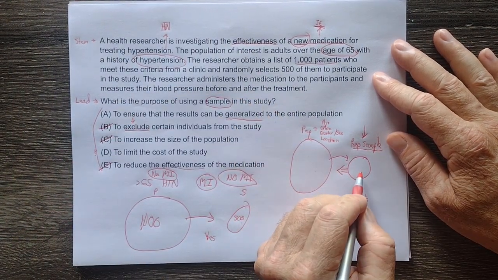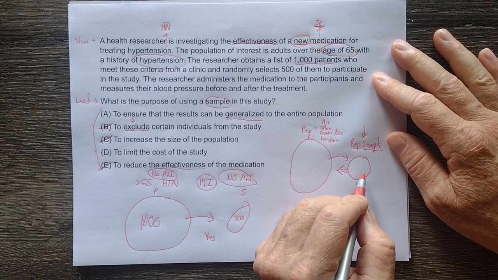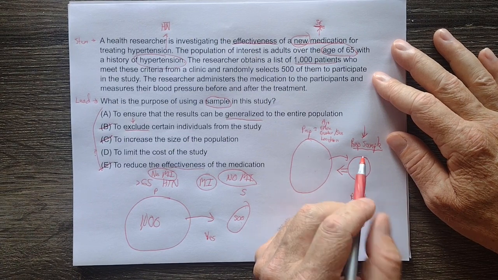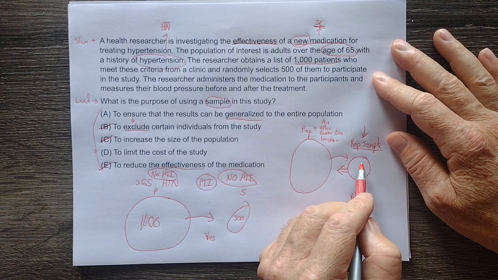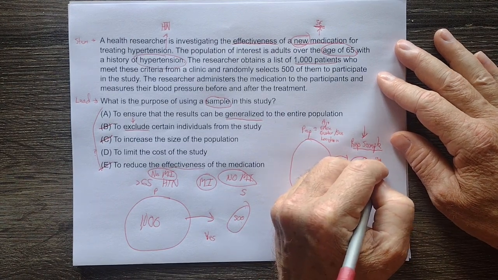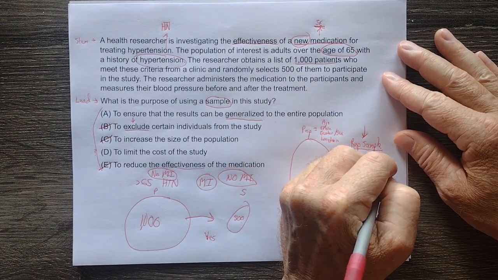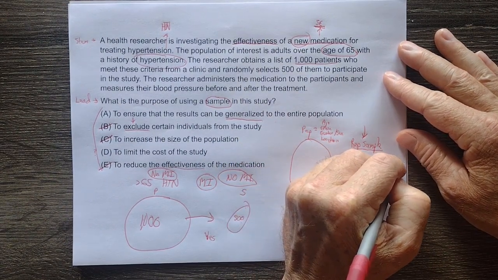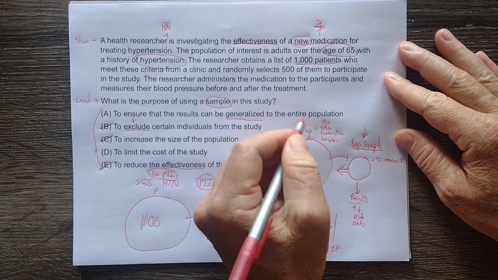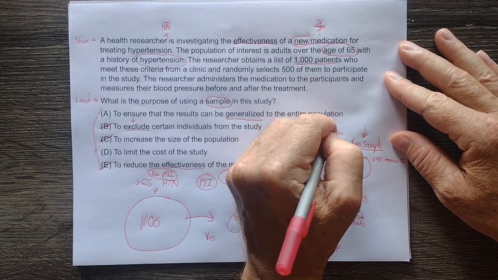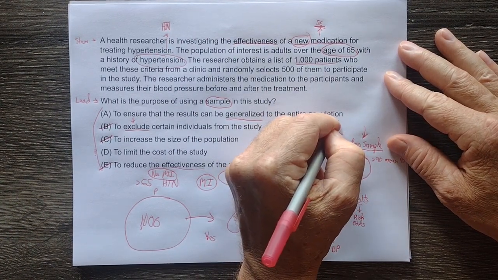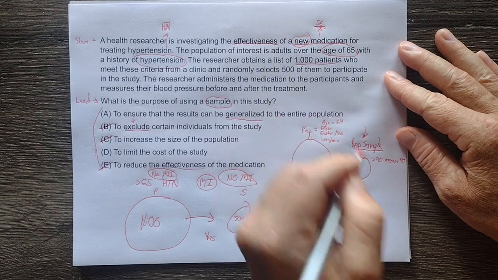If we took a sample, and what if the age was higher? So in our sample, we only chose people that were greater than 90 years old. So we had a mean of, let's say, 90 for age. But in our population, the age was 64.